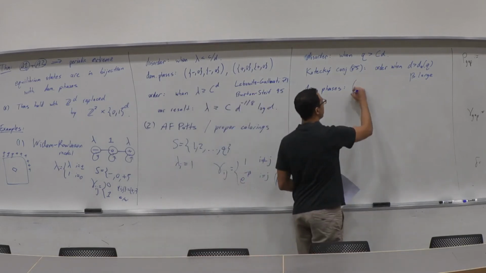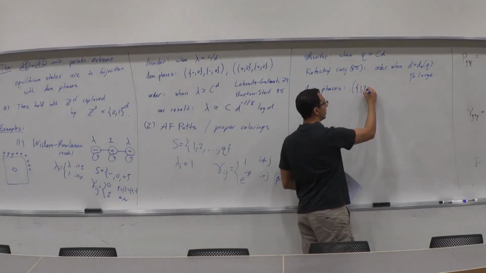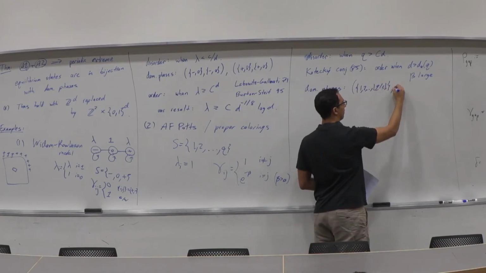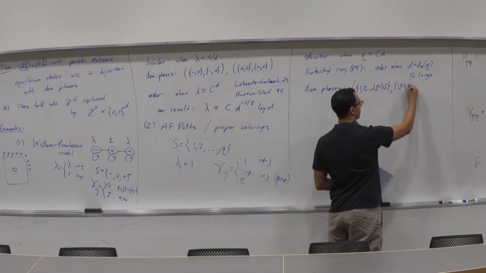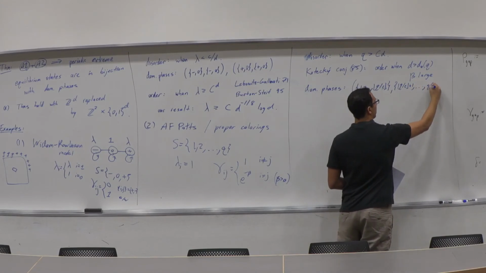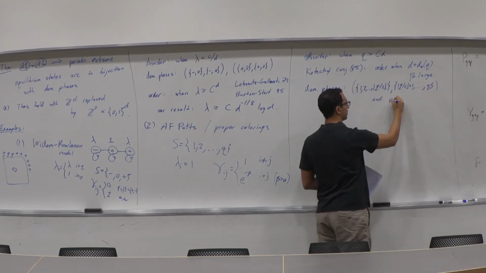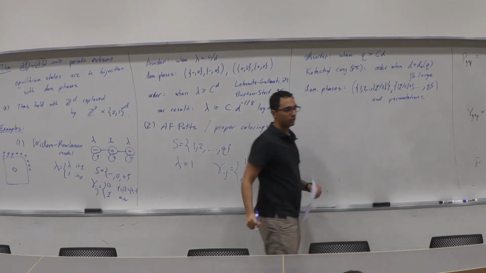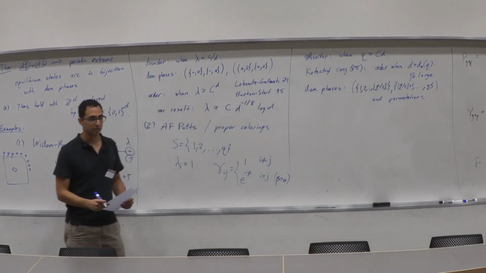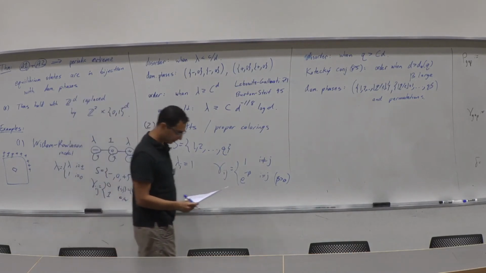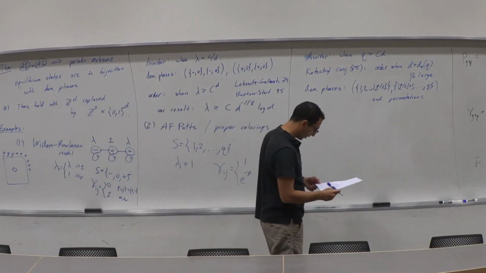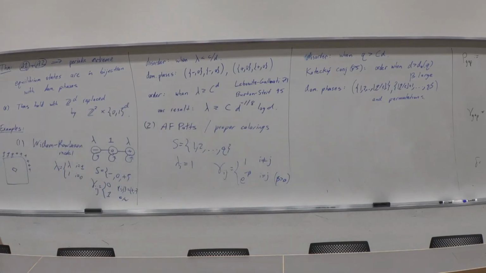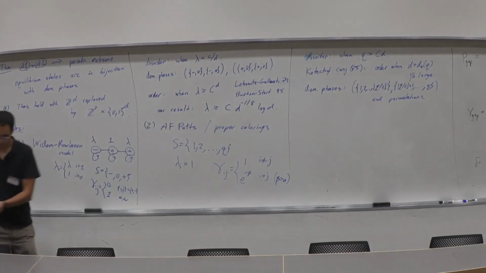So the dominant phases will look like this: 1 up to q over 2, and q over 2 plus 1 up to q, and any permutation of these colors. So there's a lot of dominant phases. Okay. So when do we have order? What is the condition?